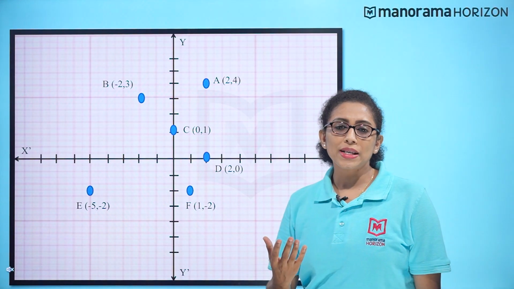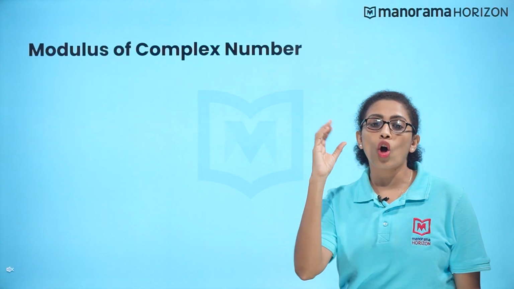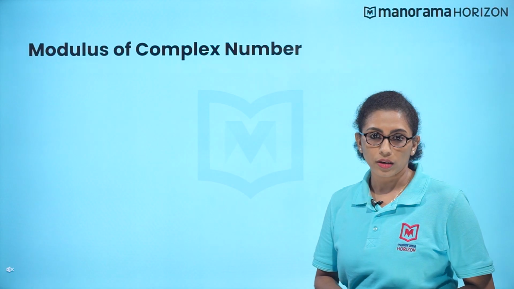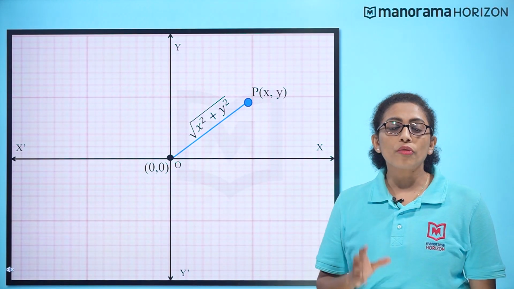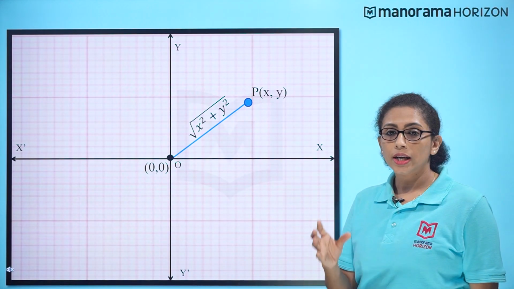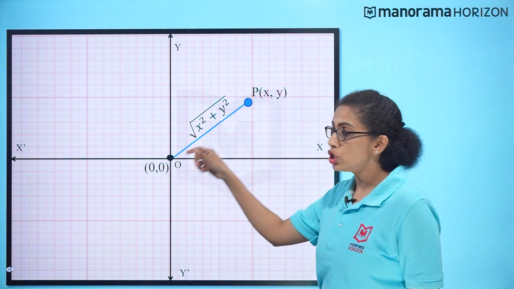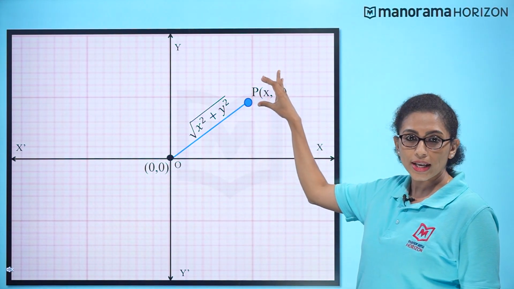We can also represent the modulus of the complex number in an Argand plane. Let's see that. The modulus of the complex number is nothing but the distance from the origin to the point. This is our point P of x, y.